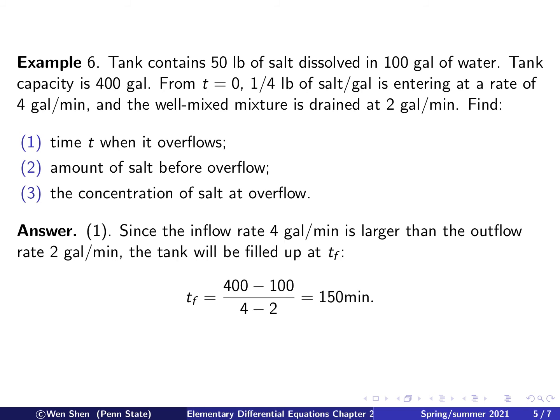So the volume would be the capacity, which is 400, minus initially you have 100, so you need to fill 300 gallons in it, and you are filling it at 2 gallons per minute. So you do the division and you figure out that the overflowing time is 150 minutes.